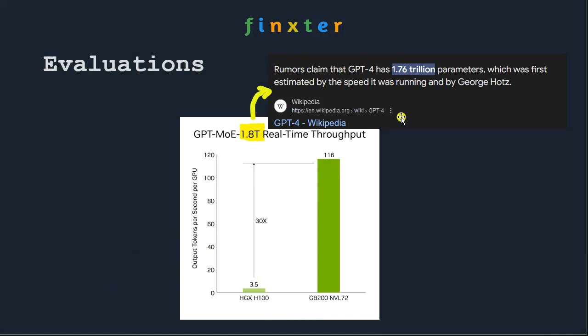Rumors claim that GPT-4 has 1.76 trillion parameters, and they evaluated this on a 1.8 trillion GPT LLM using a mixture of experts approach. We have looked at this in the previous Finxter video on 1-bit LLMs, mixture of expert models, and also in the previous video on parallelizing AI training, 4 different ways of parallelizing AI training.